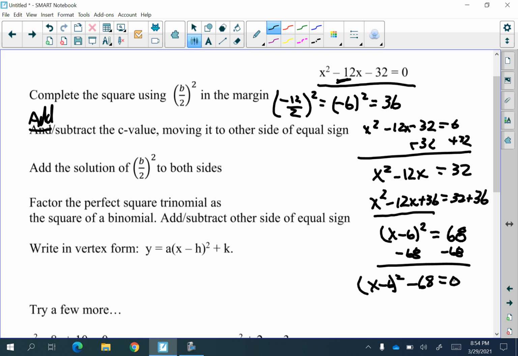And then it's kind of the opposite, right? When you solve for the roots, we make y equals 0. So now I just turn 0 into y. And now we have this in vertex form. So those are the steps.